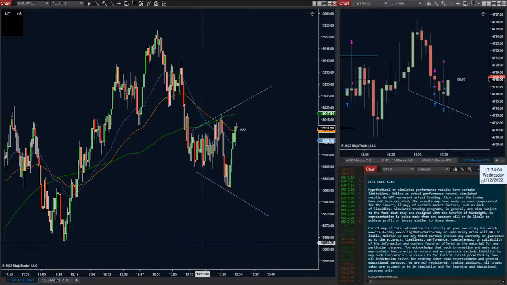Bull's trying to cycle back up again. We've got a megaphone. A little bit of resistance above the highs. NASDAQ's trying to get something going, but awfully messy.